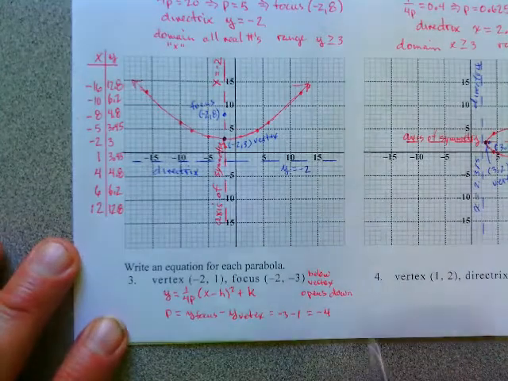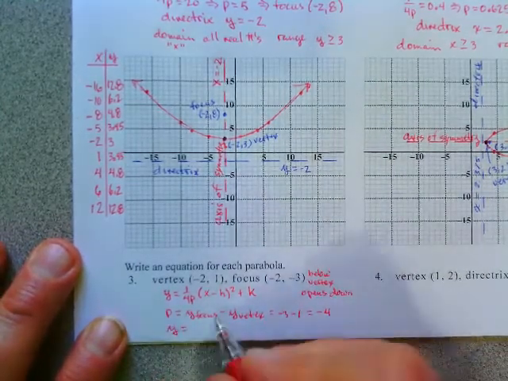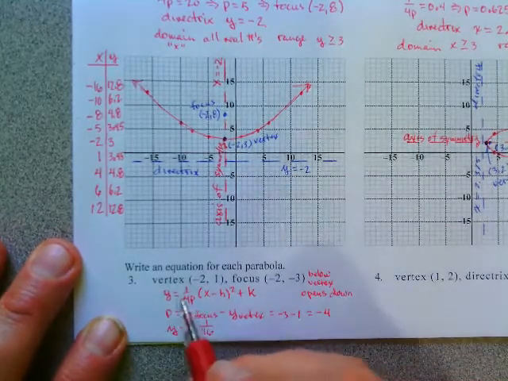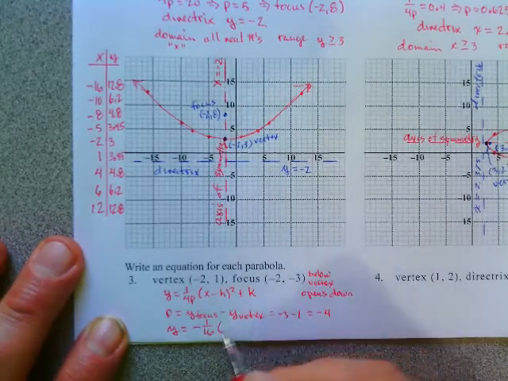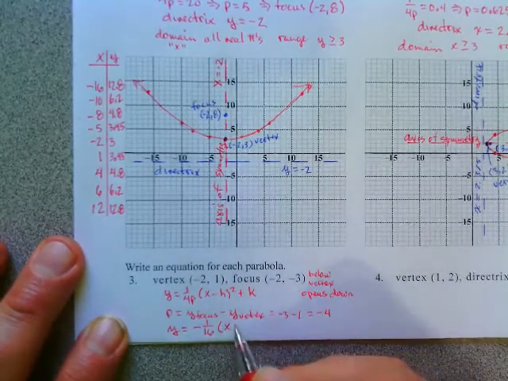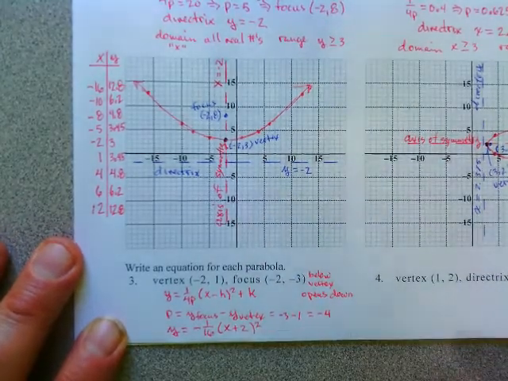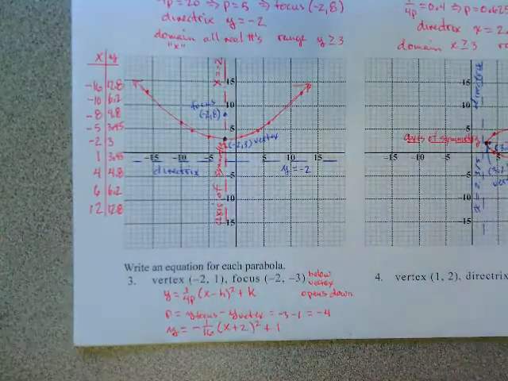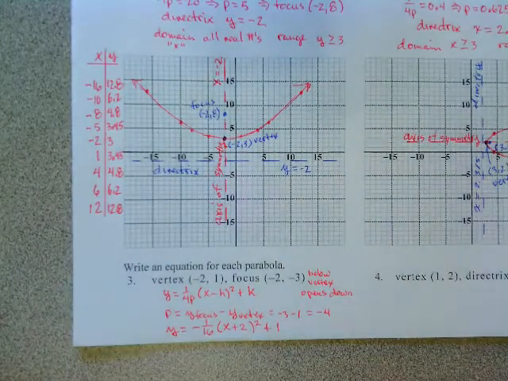So, since this is 4p, our equation will be negative 1 over 16, negative 4 times 4. Our vertex is at negative 2, so that means that has to be x plus 2, opposite sign inside the parabola, and then plus 1. And so having the focus and the vertex, we can get the equation for this parabola.